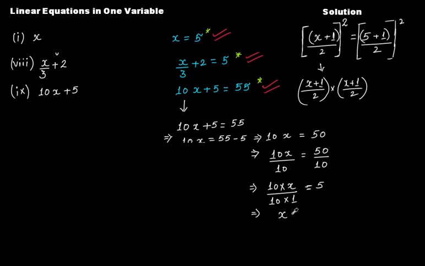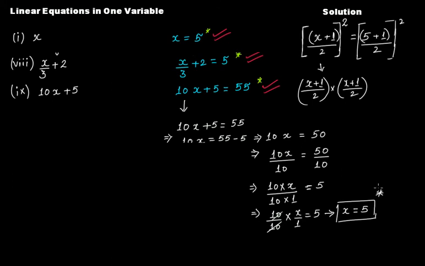And how? This can be written as 10 over 10 times x over 1 equal to 5. This becomes 1, so this gives you x is equal to 5. Right? So x is equal to 5.